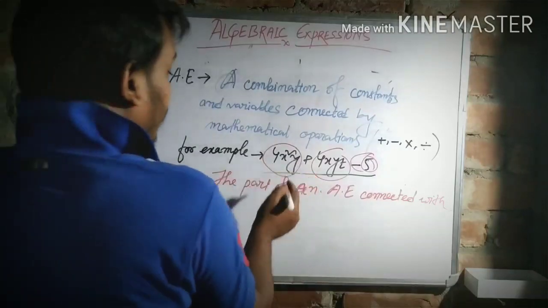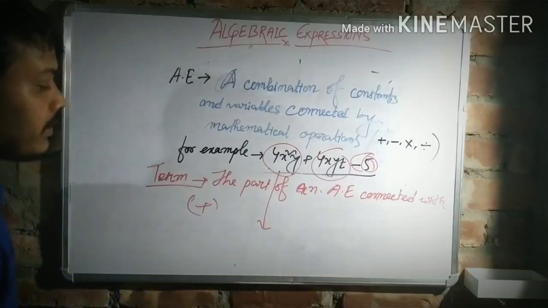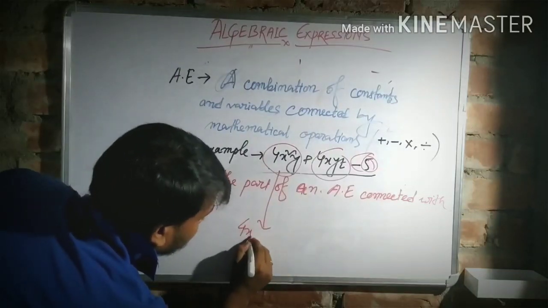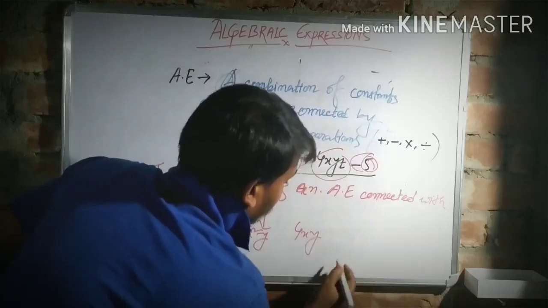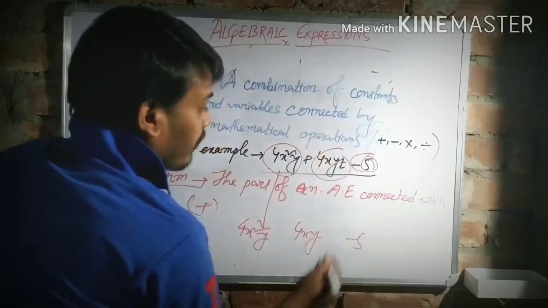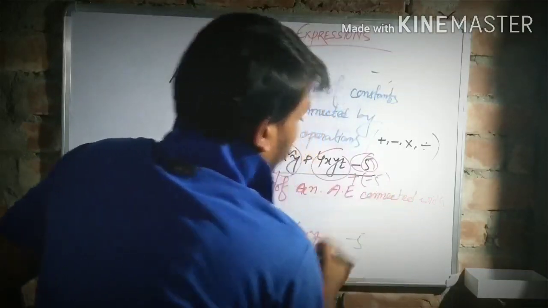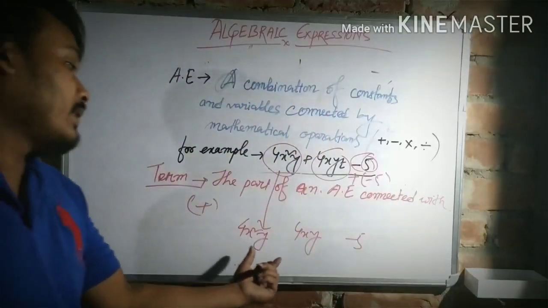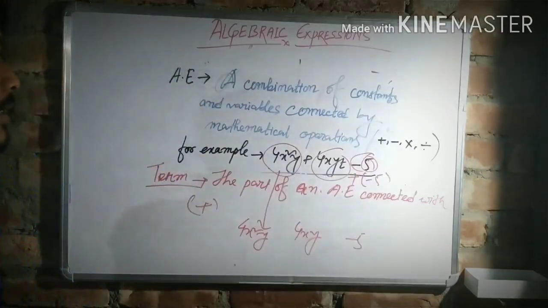So for this example, which values are connected with plus? 4x square y, 4xyz and minus 5, because minus 5 can be written as plus of minus 5. So these are the three terms of this algebraic expression.